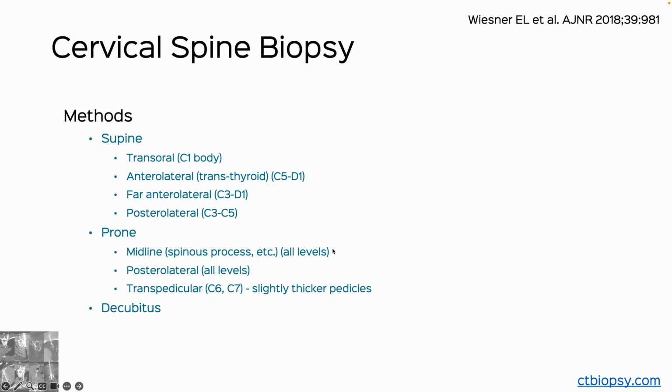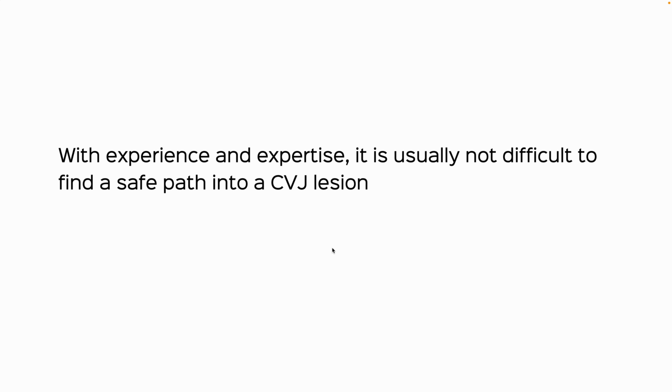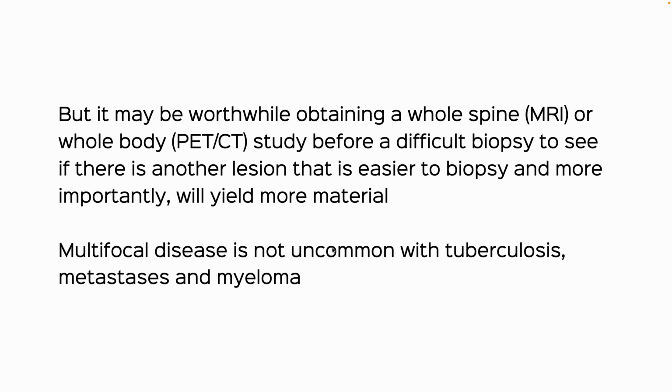And though most of these are easy, perhaps it's a good idea, especially when the pre-test findings are suggestive of either TB, METS, or myeloma, to get some whole body scan done. And that would make life easier, but more importantly, allow you to biopsy a lesion that will yield more material, especially if it's lower down in the spine, where things get much easier.